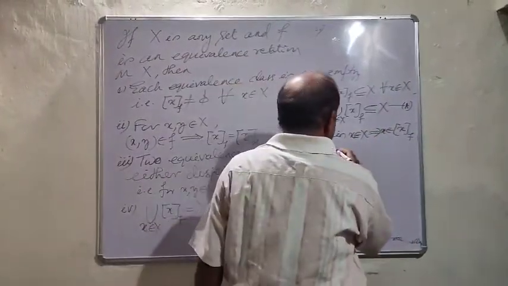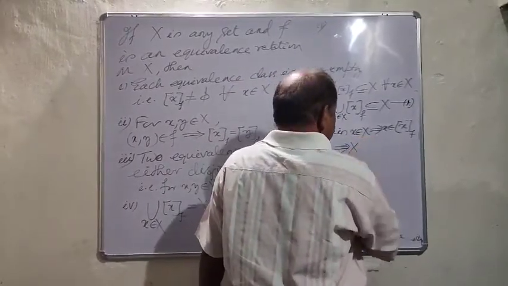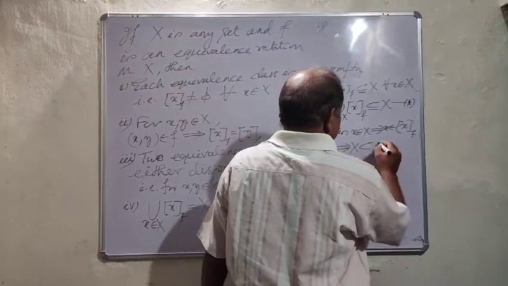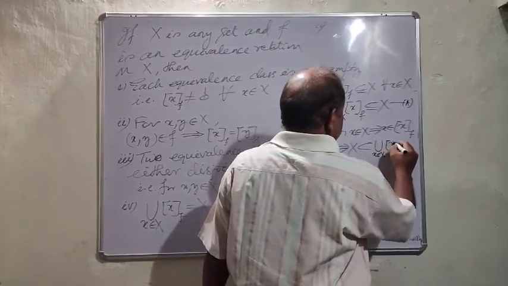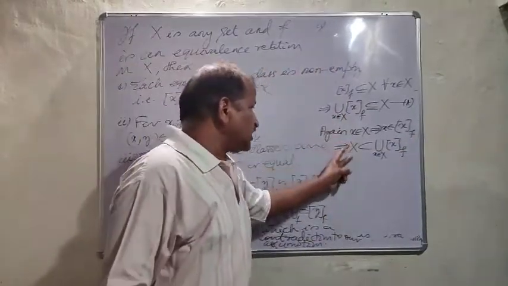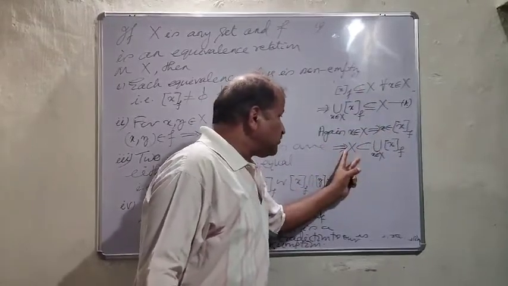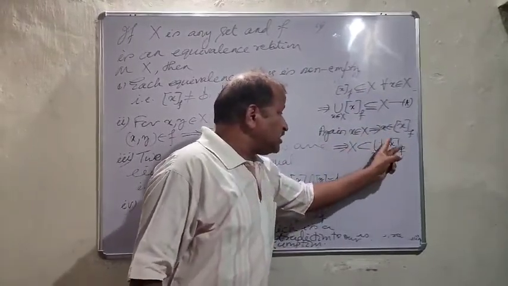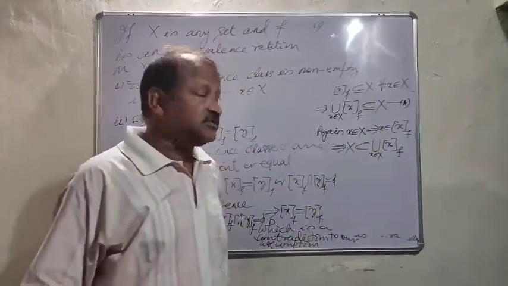This implies X is a subset of the union of these subsets. For all x, there is an equivalence class, so each element of X must be in some equivalence class of X. So this must be a subset of this.